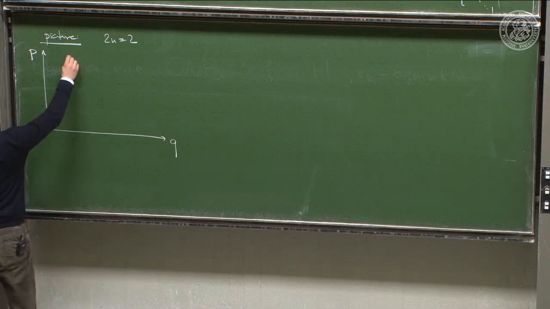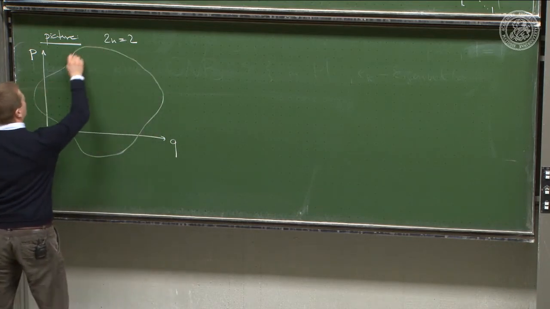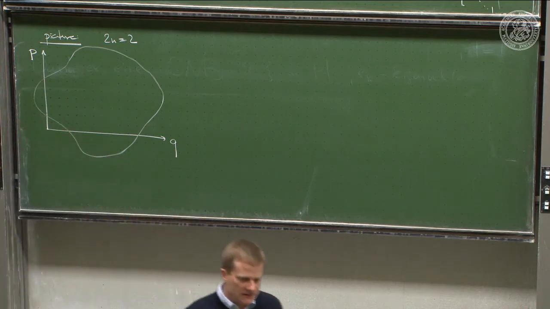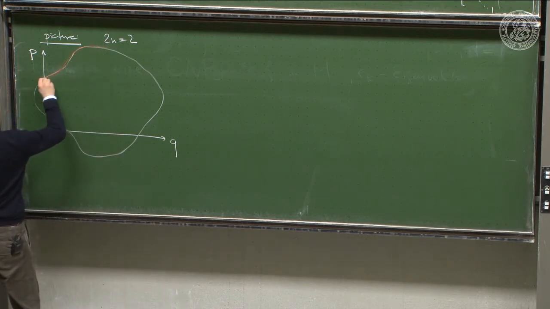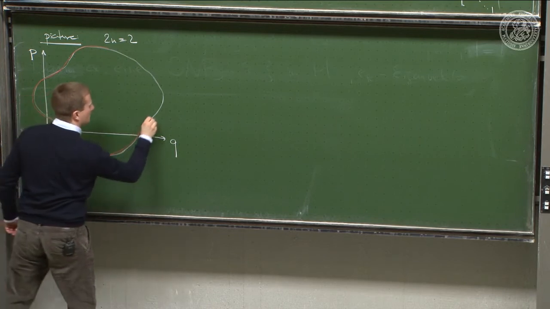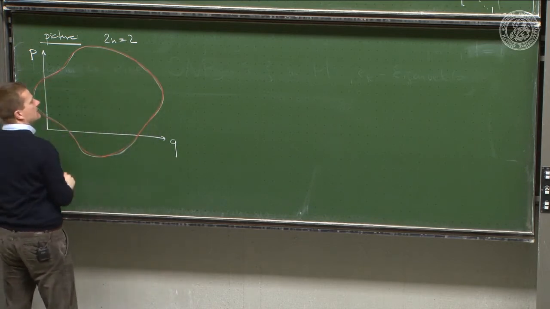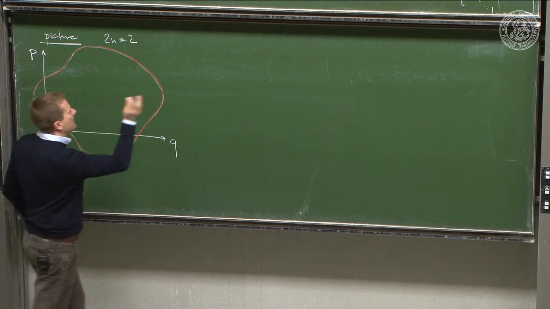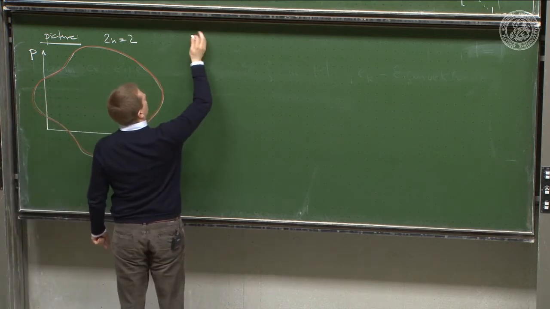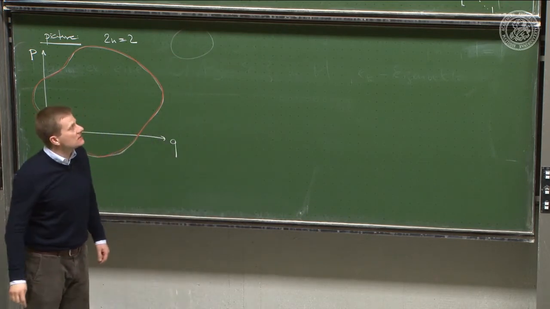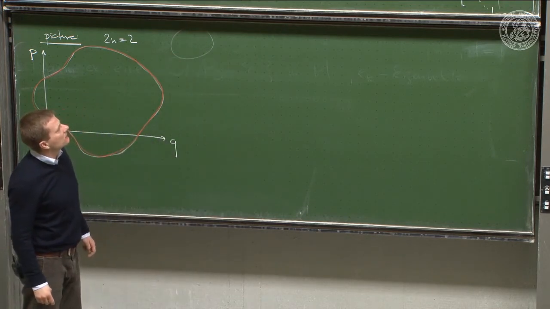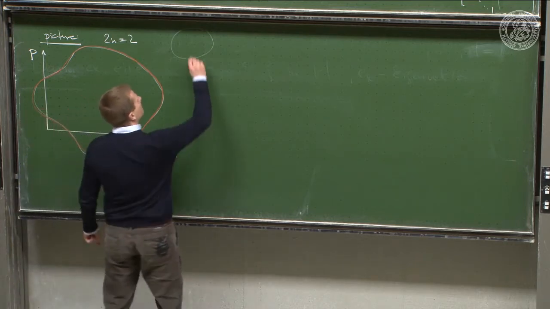And maybe this part of the chart is the image of the Darboux coordinates. Okay, so what's in here? What's in here is the image of Darboux coordinates, and there may be some funny looking, a sphere, for instance, right?